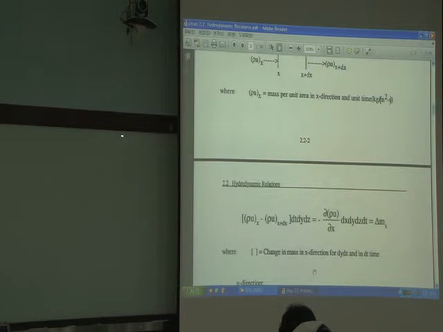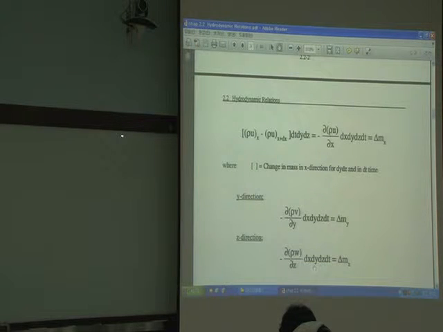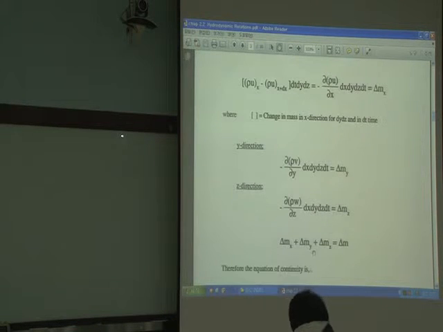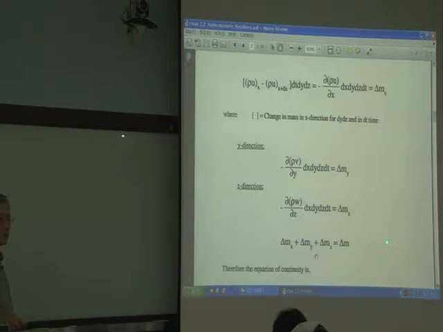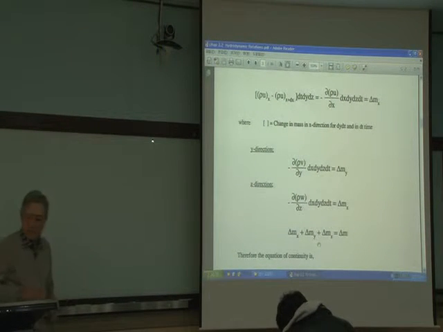And you can do the same in the y direction and z direction. So you have delta mx, delta my, delta mz. If you add them together, that equals the change due to the change in the mass density.